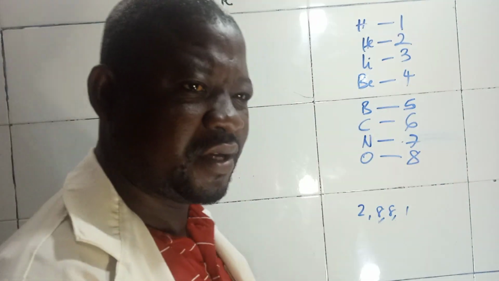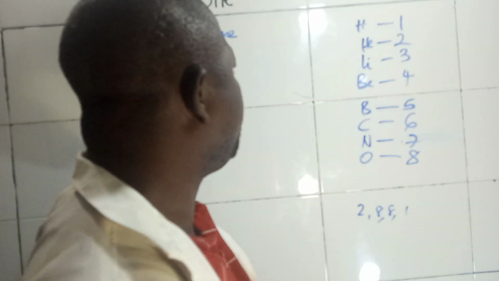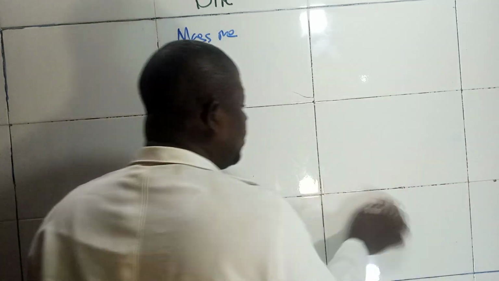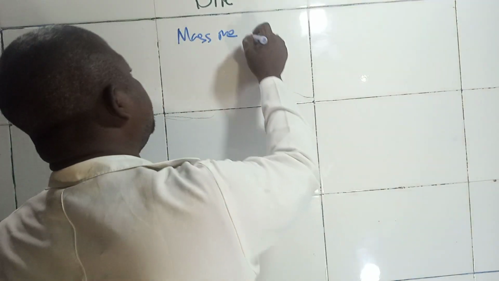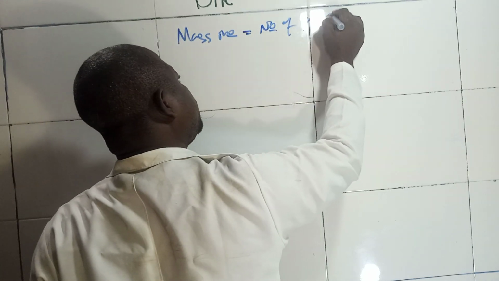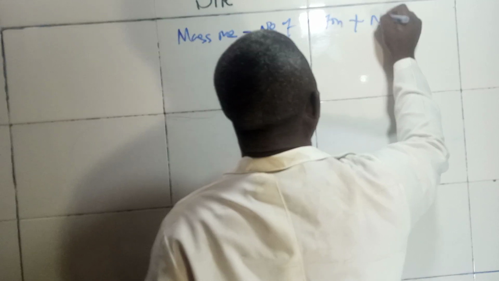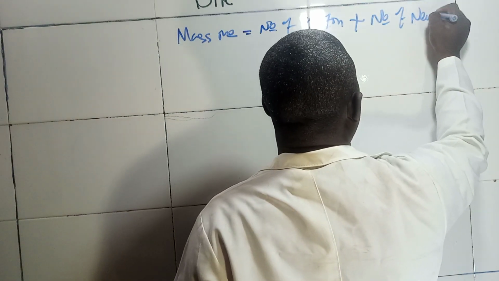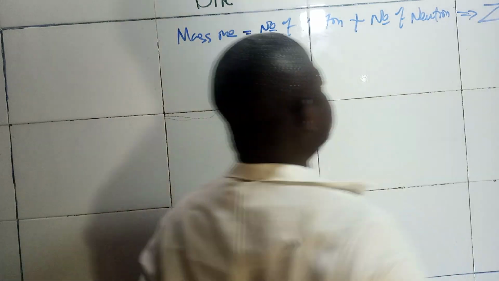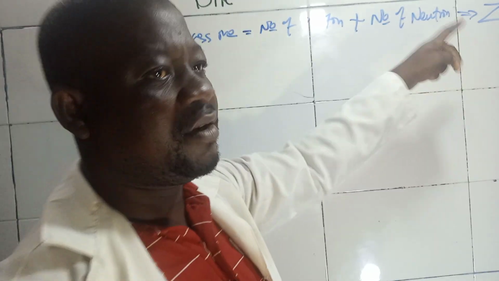In the nucleus, and I've drawn it for us. Your mass number is equal to the number of protons plus the number of neutrons, and it is designated as Z.